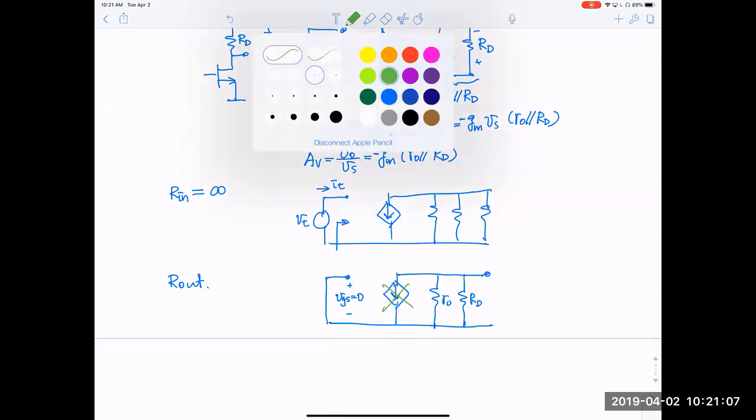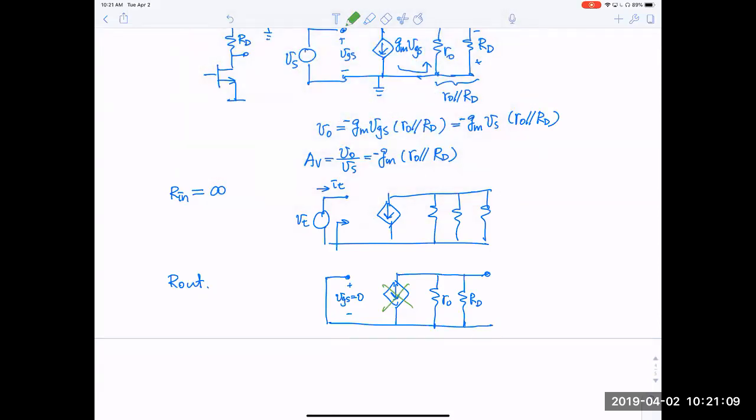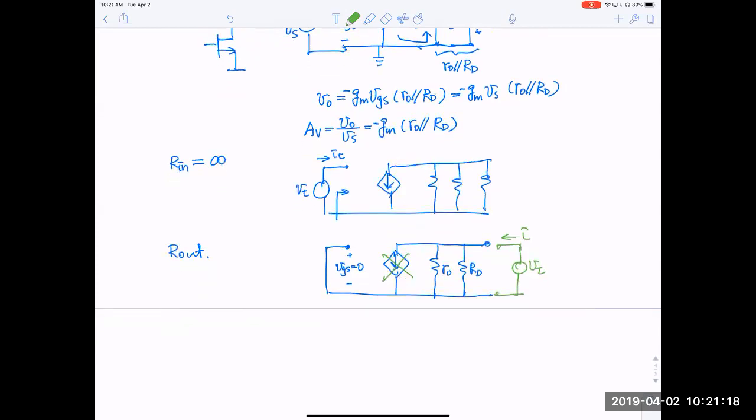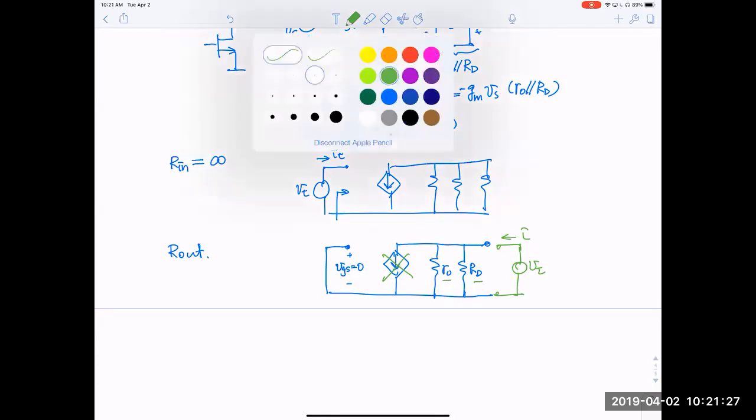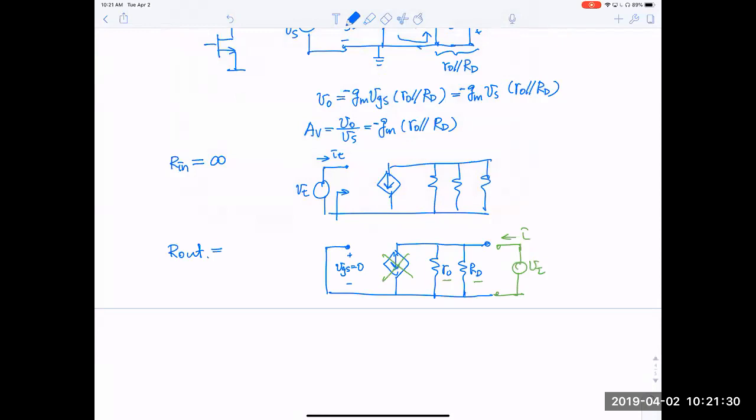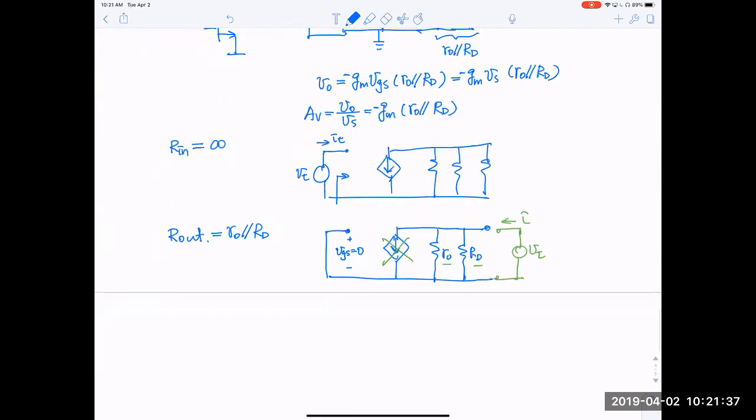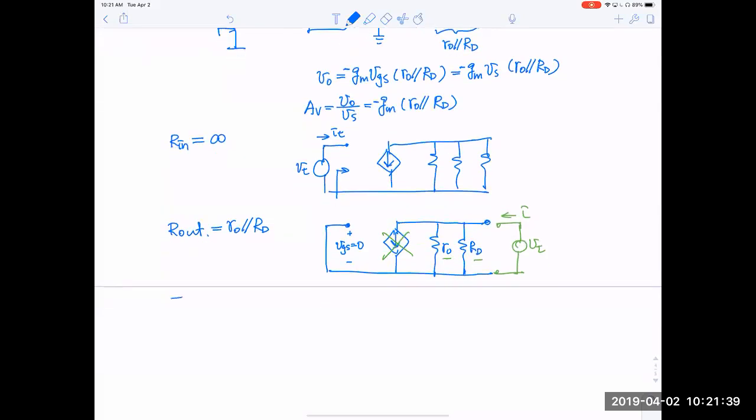When you attach your VT and IT, what do you see? Well, you basically see the linear parallel combination of r0 and RD. So this is also a trivial case, where you can simply write Rout equal to r0 in parallel with RD.